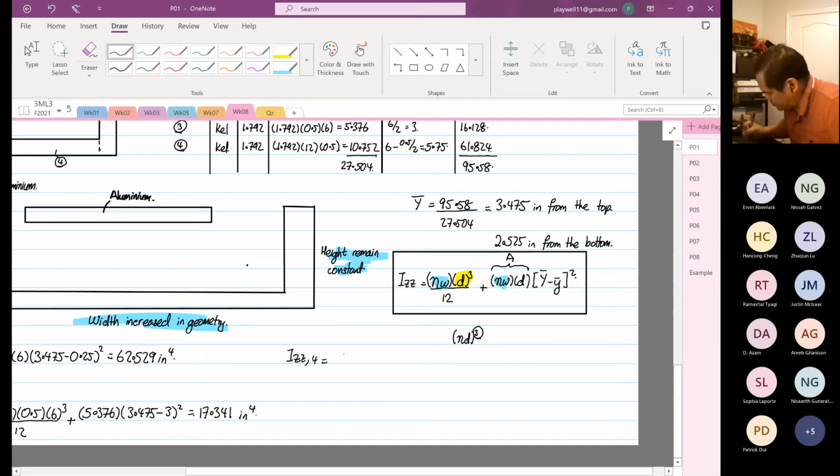Okay, so this is 1.792 multiplied by 12, multiplied by 0.5 to the power 3, divided by 12, plus 10.752 multiplied by 6.